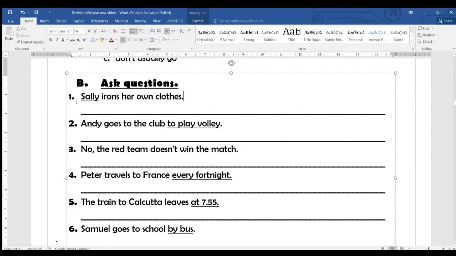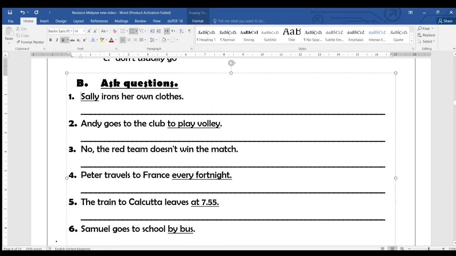Think. Is it a yes or no question or WH question? And think, what tense do you have? The question should be in the same tense. Okay, so Sally irons her own clothes. I have present simple, right? So the question should be in the present simple as well. If I have an answer that does not begin with yes or no, what do I use to begin a question?